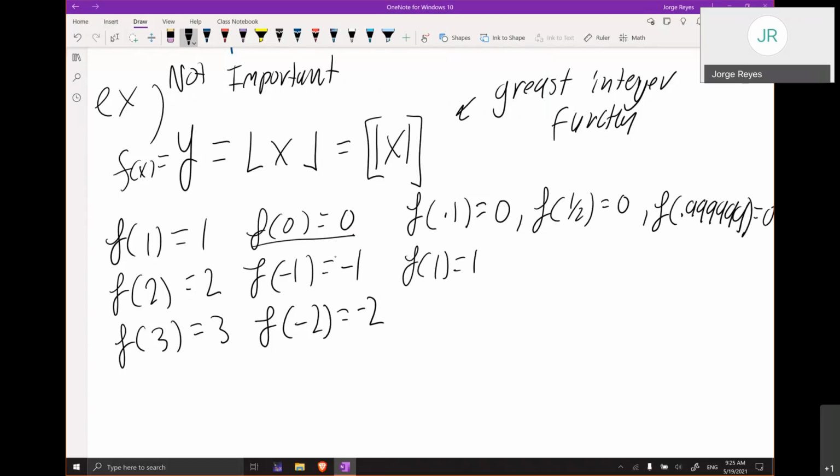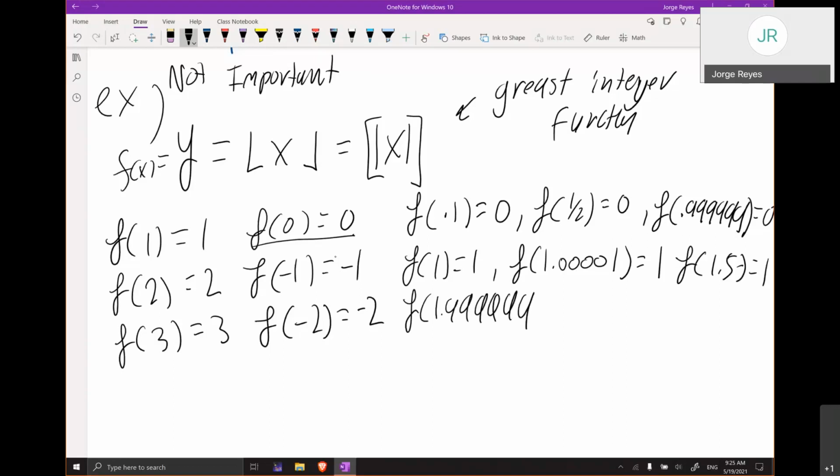And I hope you see this pattern: f of 1.00001 is 1. f of 1.5 is 1. f of 1.9999999 is 1. So it essentially chops off the decimal.